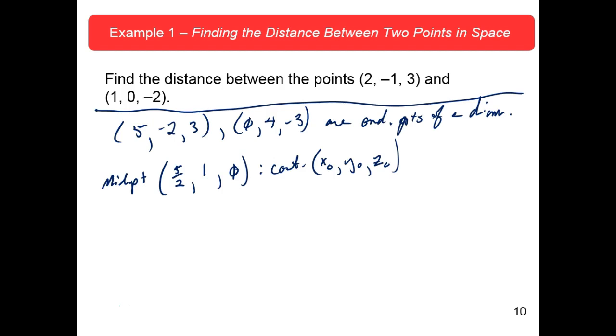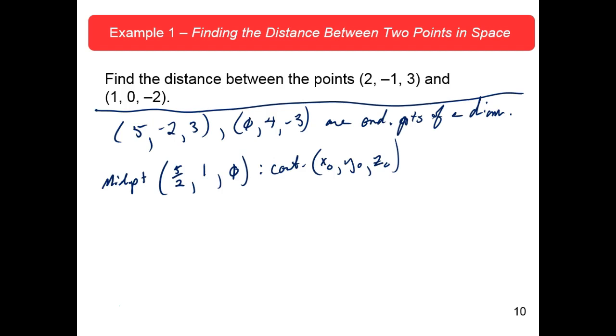What do we call that, the distance between the two endpoints of a diameter? We call it the diameter of the sphere, don't we? Isn't the diameter of the sphere the distance between the two endpoints of a diameter?